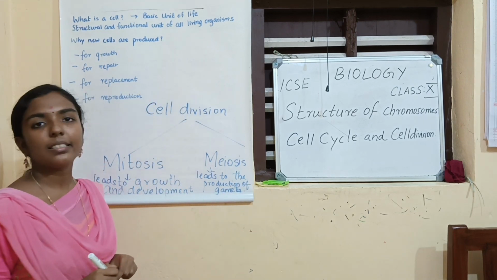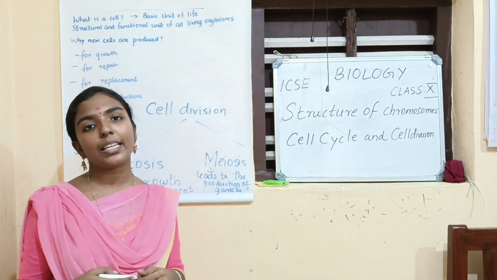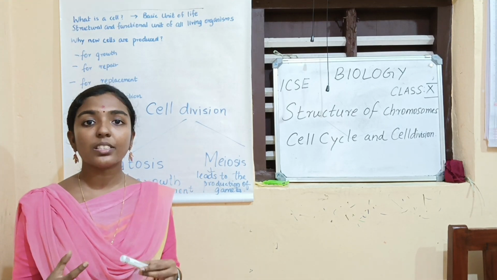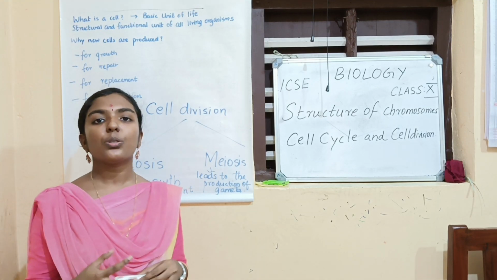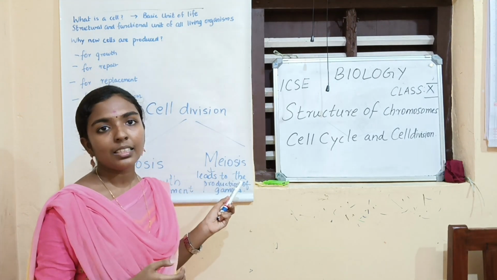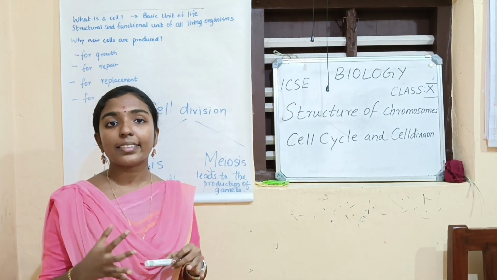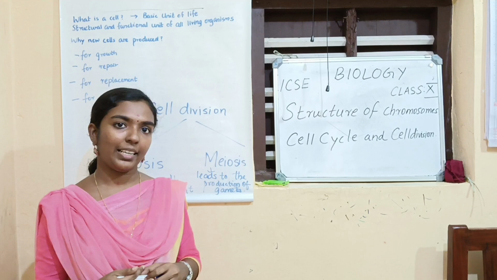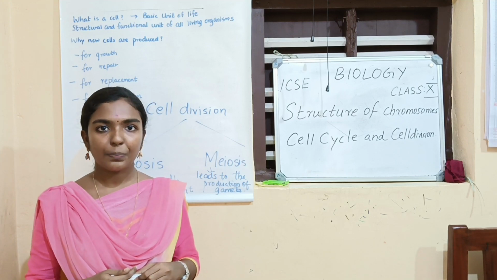Mitosis takes place in somatic cells, that means body cells, okay? Whereas meiosis takes place in germinal cells or sex cells or reproductive cells. Got it?